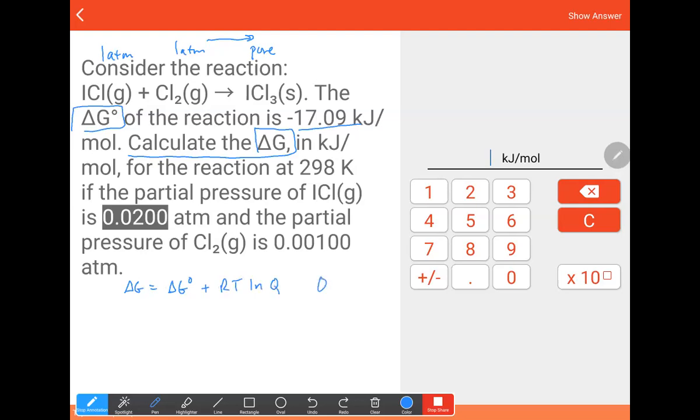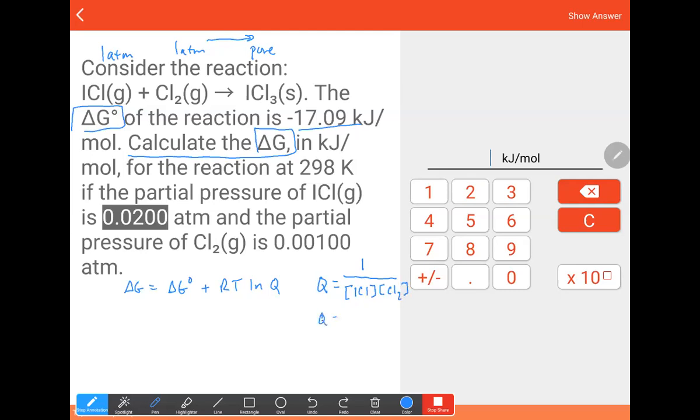So first thing we have to do is Q is equal to what? It's products over reactants. In this case, they're all 1 to 1 to 1, so we don't have any squares or cubes in it, but we have a pure solid. So we actually just have a 1 on the top for the products. And then we have ICl and Cl2, no squared or cubed because it's 1 to 1.